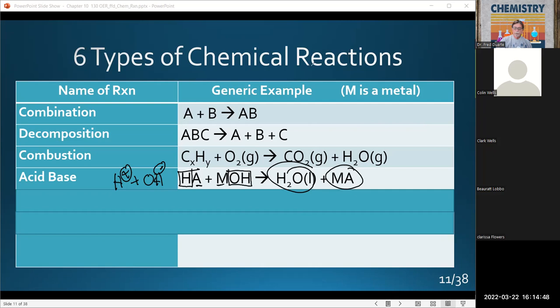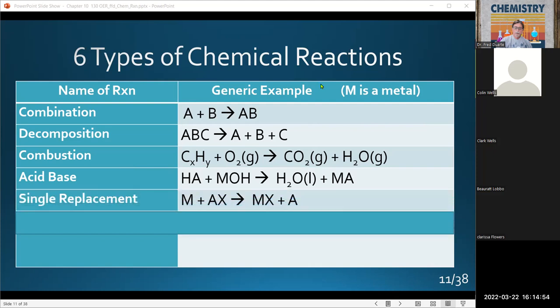All right, single replacement reaction. Let's break this down. We have a metal in elemental form. A is also a metal.